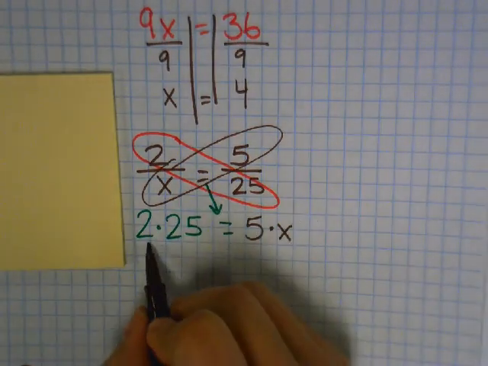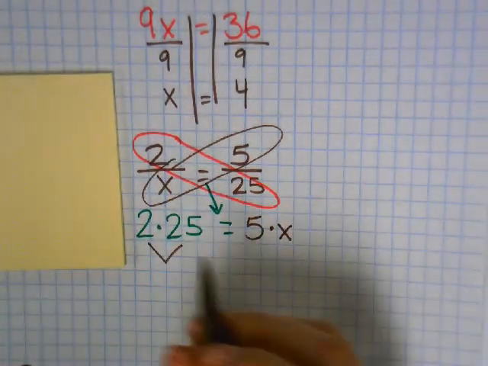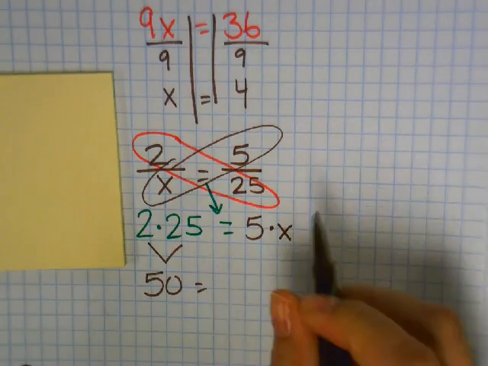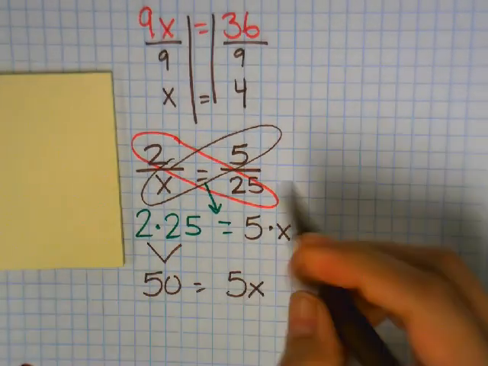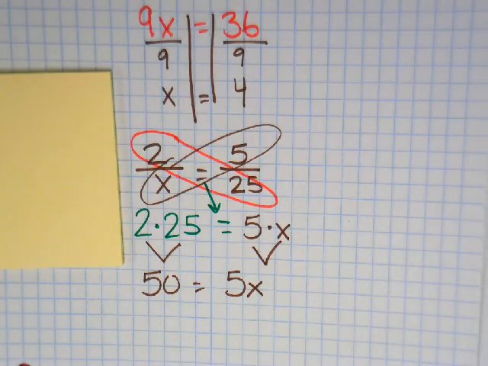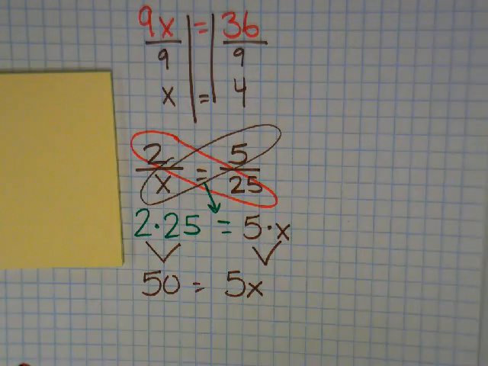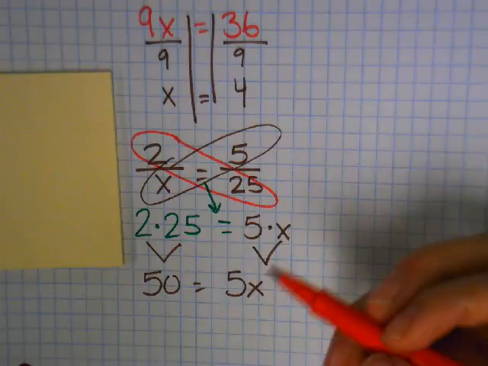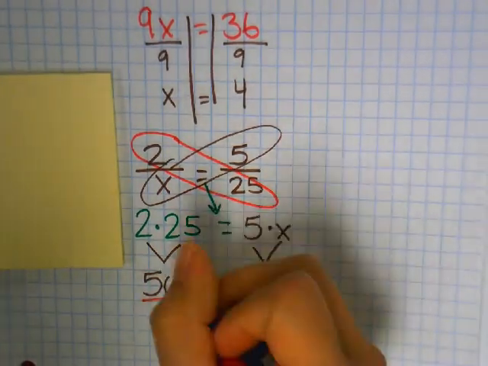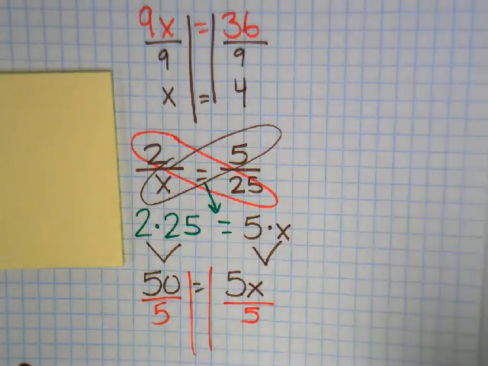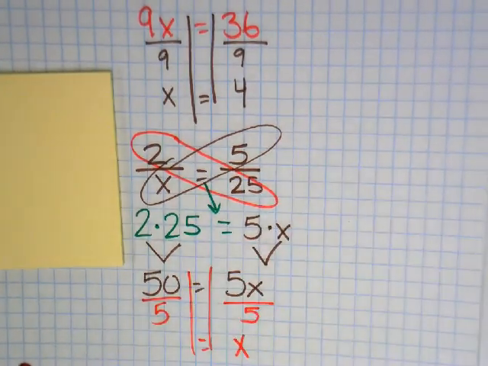What's 2 times 25? What's 5 times x? 5x. Now, how do I get x by itself? Divide by 5. Divide by 5. 8. Good.